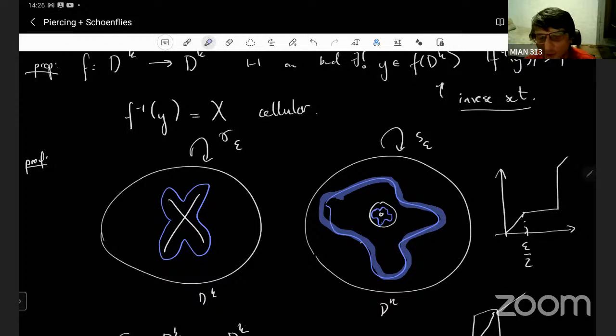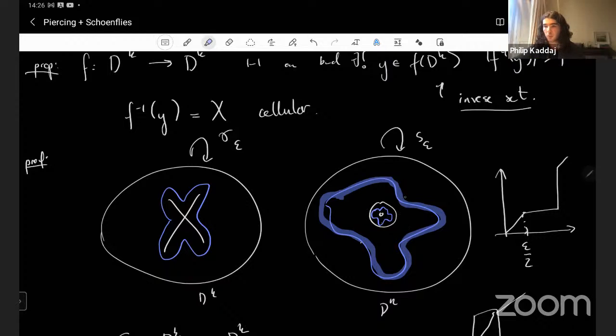Then you take some ball around this point inside of this image. Yeah, and I squeeze very hard. But what is the second blue set then? That's the image of the big blue one.